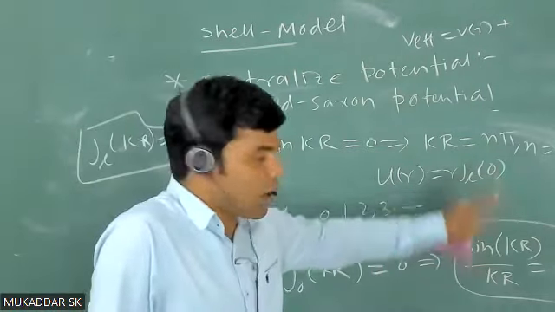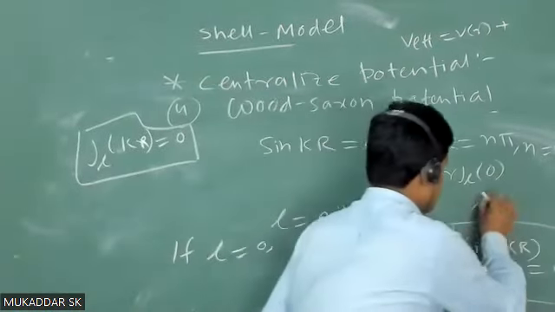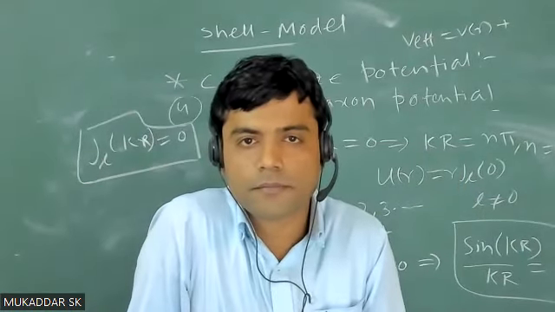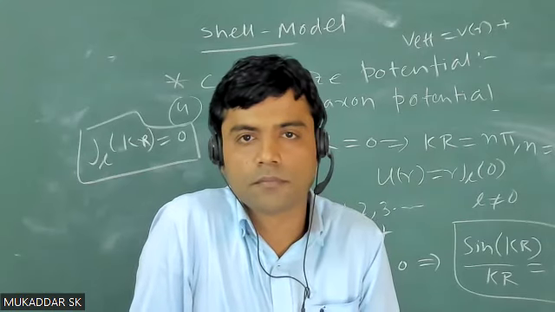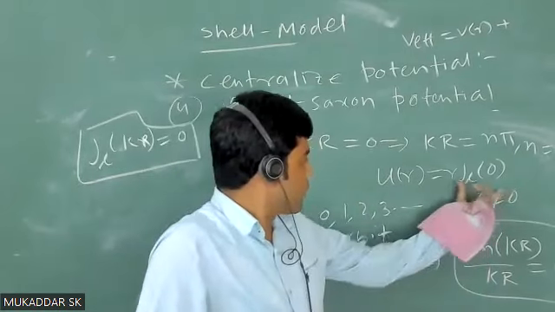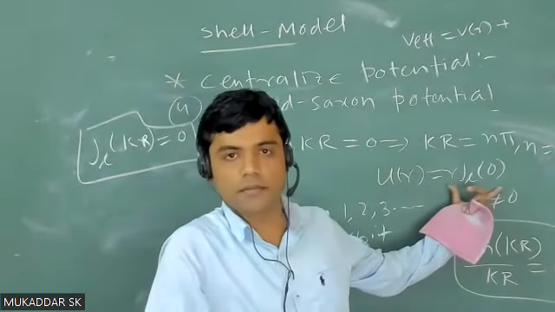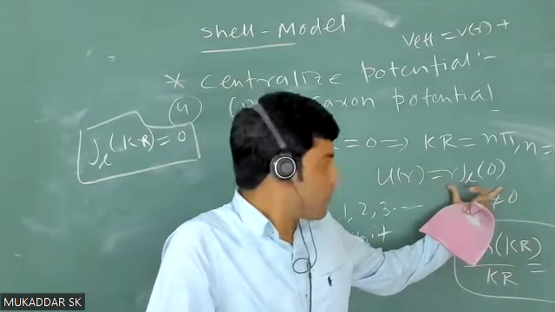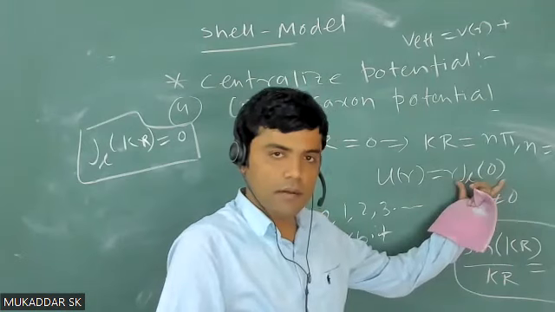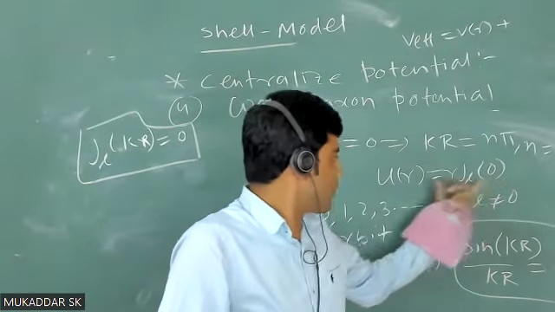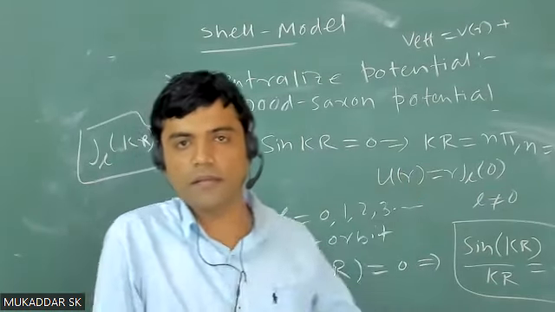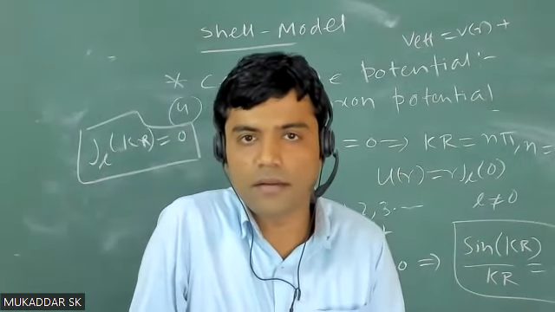And what is the value of JL 0 when L not equals to 0? It is zero. So when L not equals to 0, then JL 0 means you do not have any wave function. Look, here L is non-zero, then your JL term equals to 0. JL 0 means your wave function is 0. When the wave function is 0, that is meaningless.